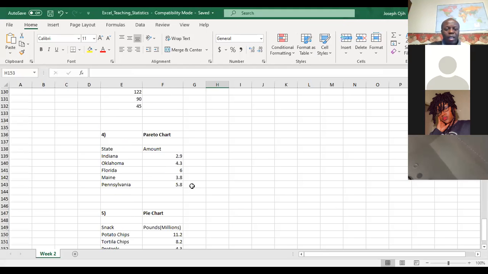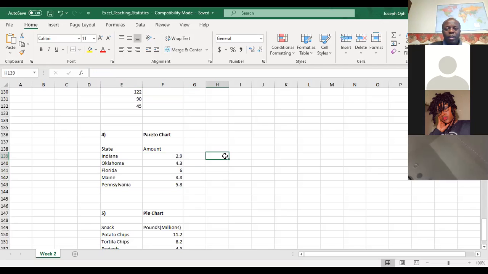I have the data in already, Indiana and Oklahoma. All you have to do in Excel is copy this, but here I have not arranged them yet. So let me arrange them in order of magnitude, like I did on the other side.